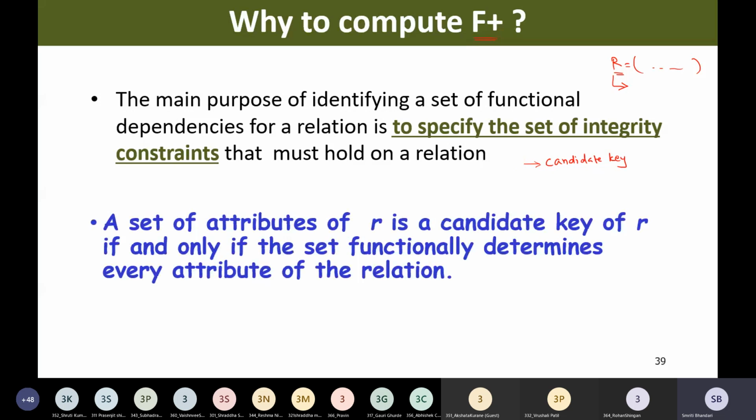That is the most important constraint that we have for our relation. So, how are we going to determine this candidate key for the relation? By making use of functional dependencies.